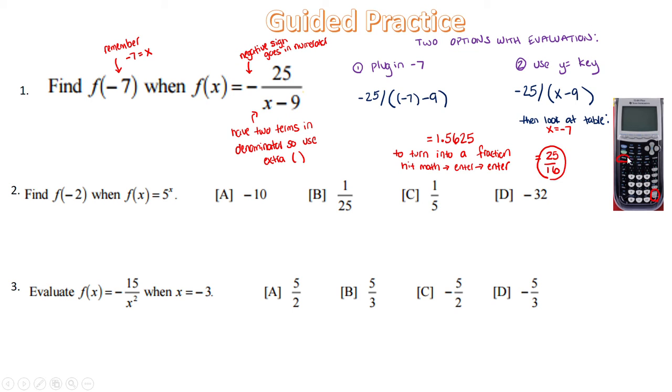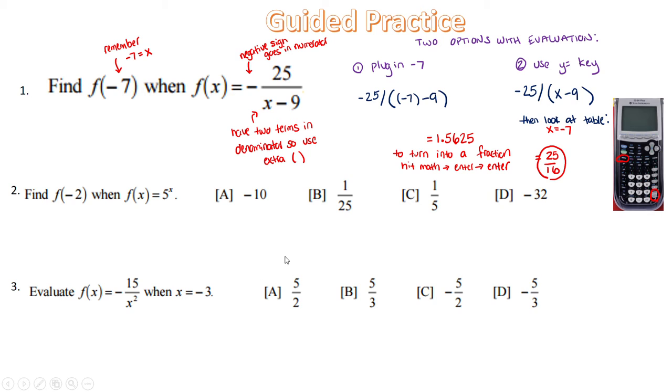The math key is right here underneath the green key, and just hit enter twice because it'll pull up a menu, math, it says a fraction, you would hit enter and hit enter again to turn that decimal into a fraction. And you should have 25/16 as your answer.